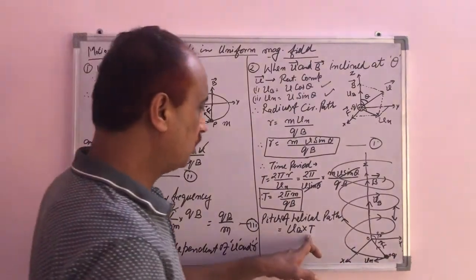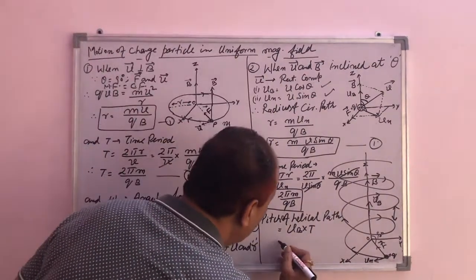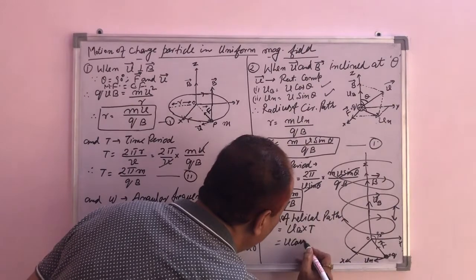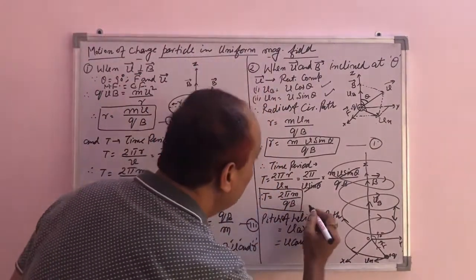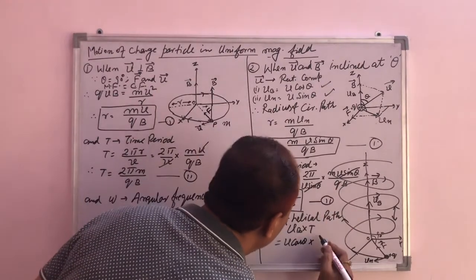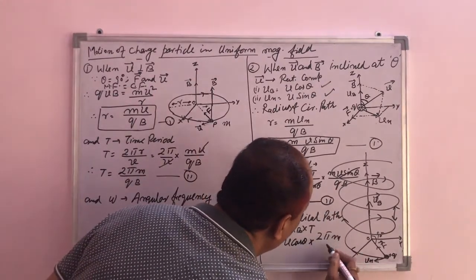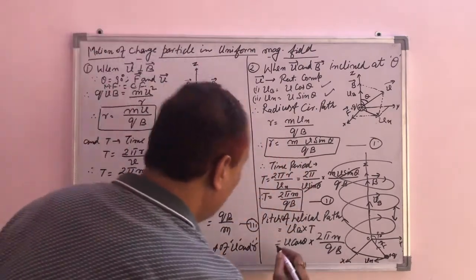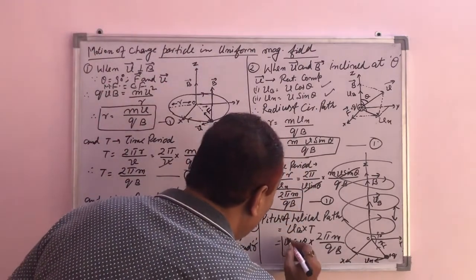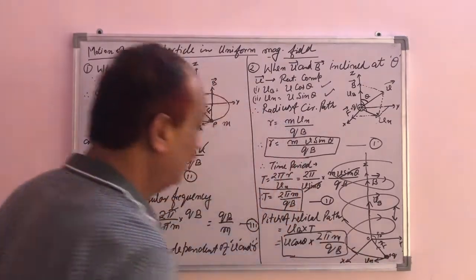So time period to complete one revolution. So Vb component here is equal to V cos theta, and capital T will be equal to, from this equation number 2, that is 2 pi m upon qB. So from this formula we can find out the pitch of the helical path.